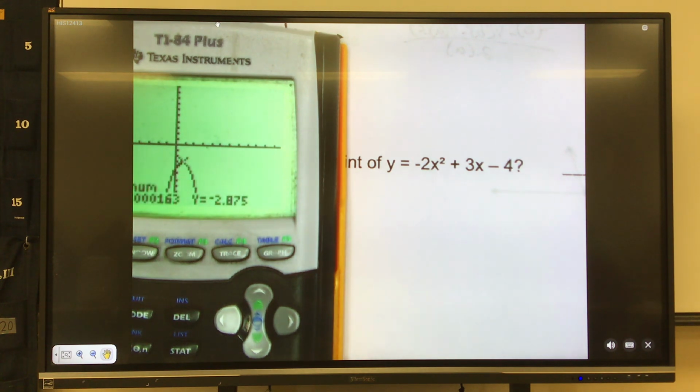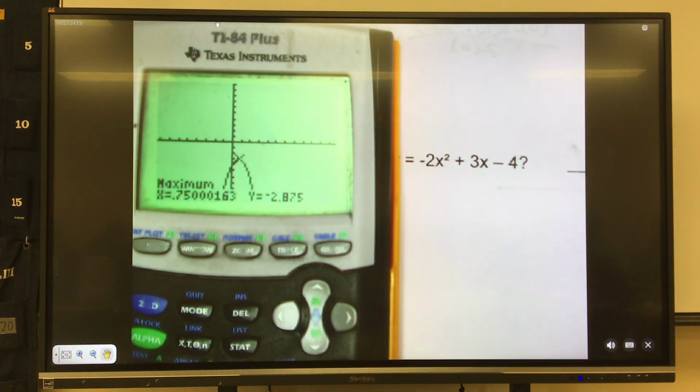And the maximum is 0.75, comma 2.88. We'll call it that. So 0.75 will be the coordinates. So 0.75 and negative 2.87. Nope, 88. I lied. 88.